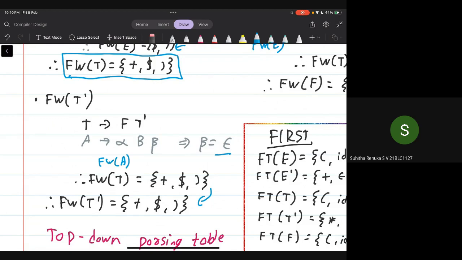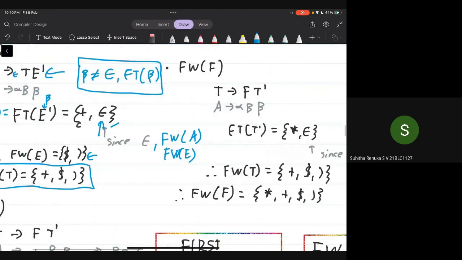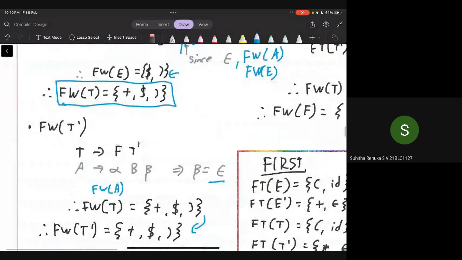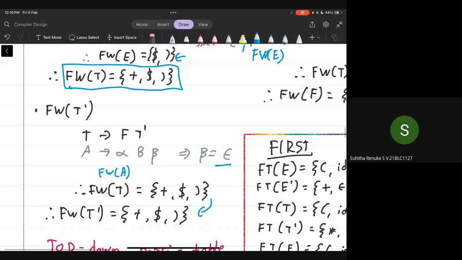What are you doing? See, I'm doing follow of T dash only. As you see, beta is epsilon. Then do you see anything here? Oh, I made a mistake.